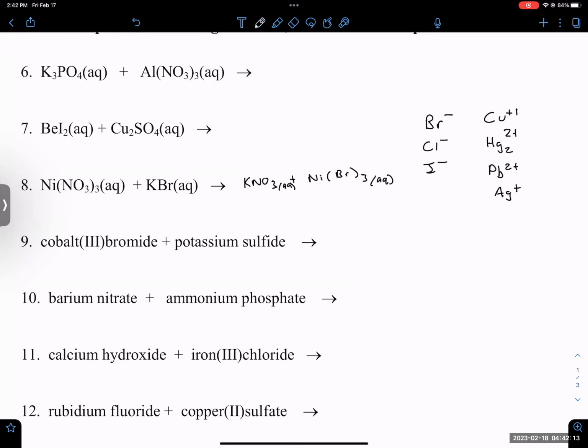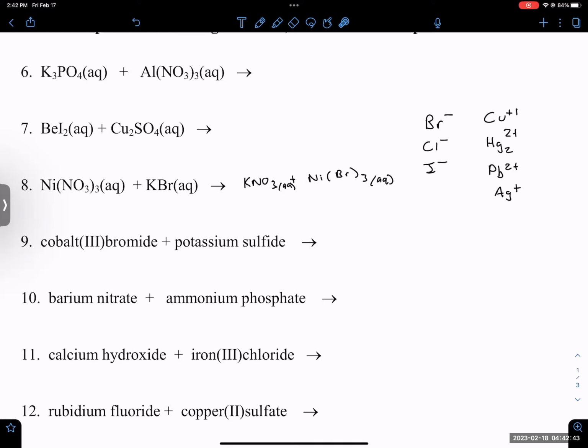Everything is soluble in water, and if everything is soluble in water, is there a reaction that occurs? Not really, because there's no precipitate, and there's also no reaction, because if you do the net ionic equation, everything cancels out, meaning everything's in solution. K plus, NO3 minus, nickel 3+, and Br minus stay in solution, just as they are on the left side.